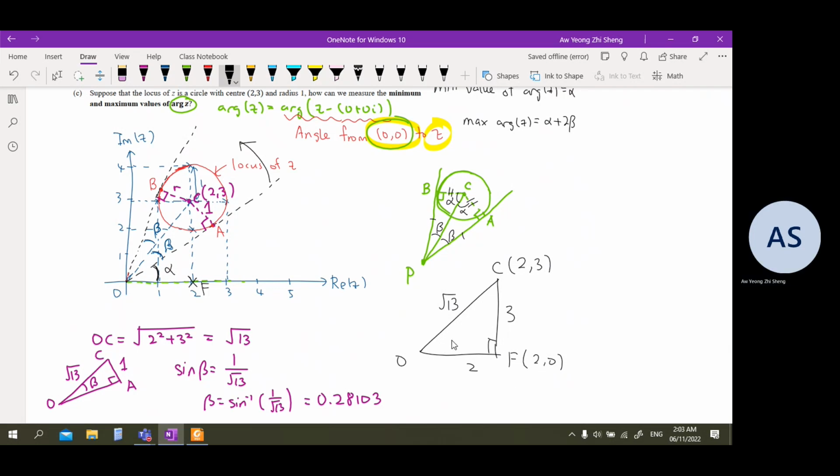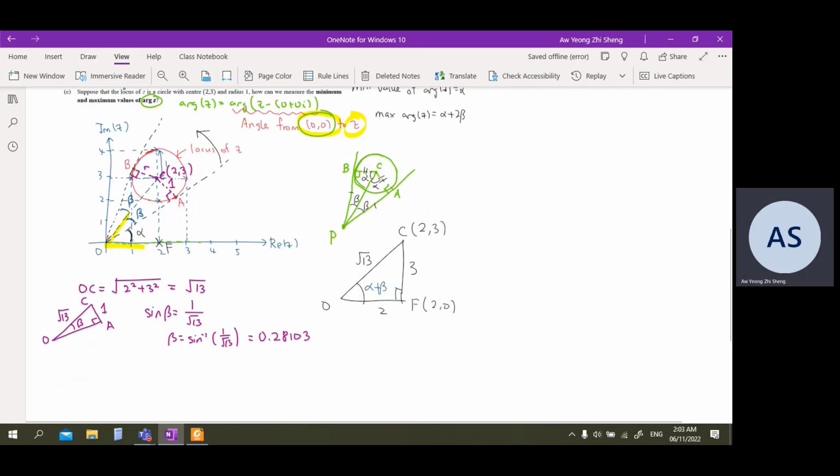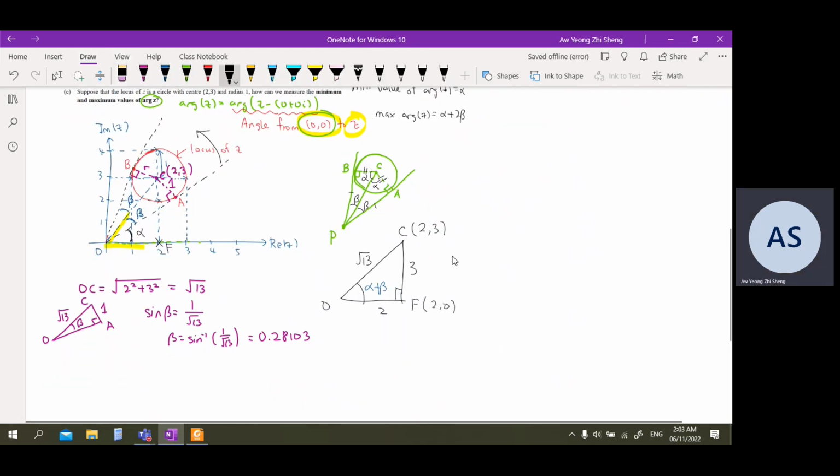Then what is the angle here? Angle COF would be alpha plus beta. Now, whether you want to use sine, cosine, or tangent is up to you. I just use tangent here. The tangent of alpha plus beta is opposite over adjacent, 3 over 2.